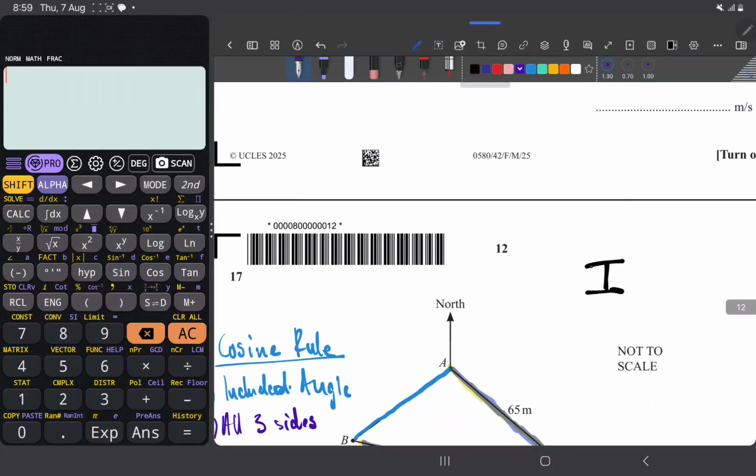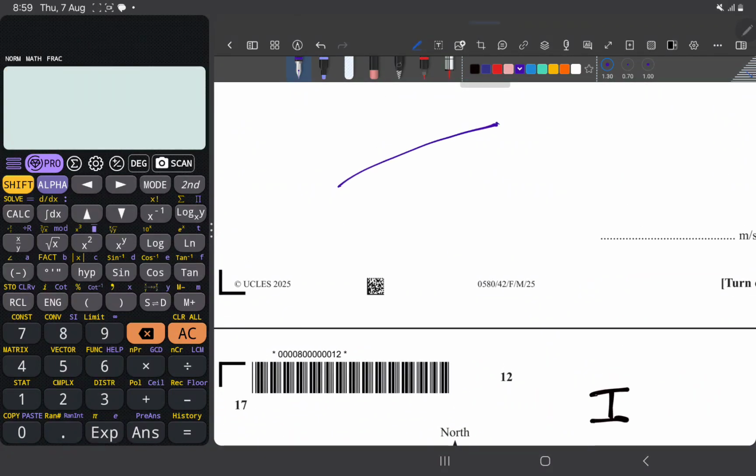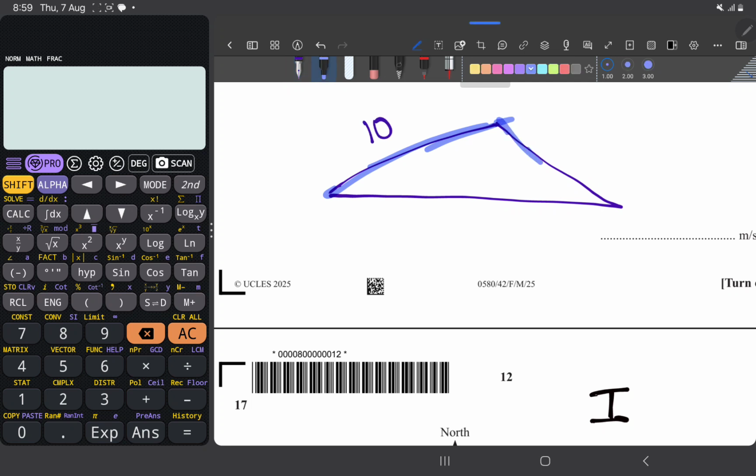So if I tell you that this side is 10, and the other side, coming to the same vertex, is maybe 9, and this angle is 30 degrees, you have an included angle because you know the two sides that make the angle, and the angle between them. It's an angle sitting between two sides that you know.